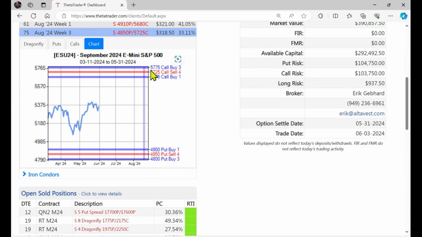And all the strike prices here are chosen by the algorithm, so they're not always going to be 50 points different from one to the other. You'll notice here the 56.75 call is 50 points closer to the money compared to the 4 that you sell, and it's the same with the put structure here. The 4900 put, it's 50 points closer to the money compared to the 4 that you sell.